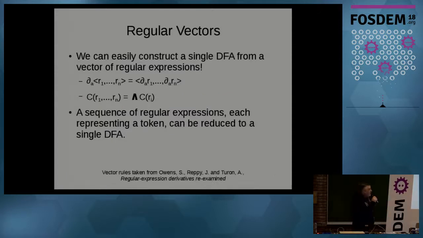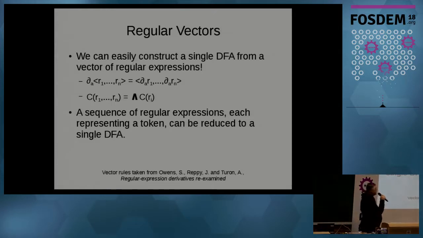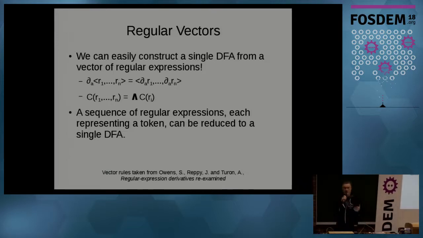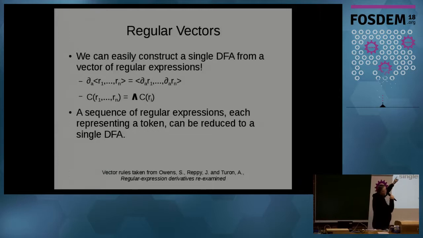And this is the last and perhaps coolest thing. Rather than do this for one regular expression, we can run this algorithm over a vector of regular expressions, over a list of them. And that's very simple: if we want to take the derivative of a vector of regular expressions, it's just the derivative of each element of the vector.